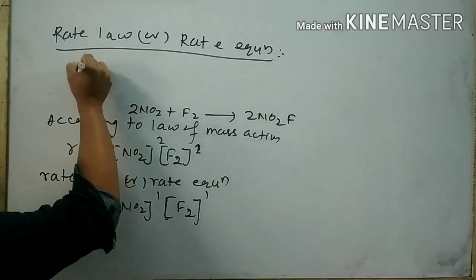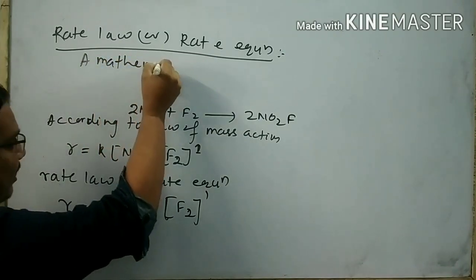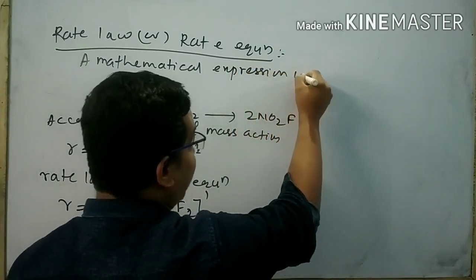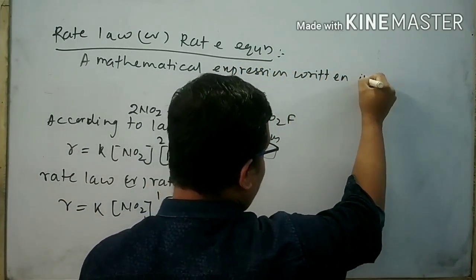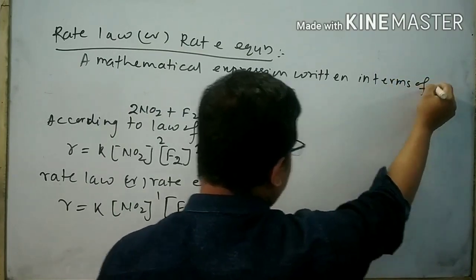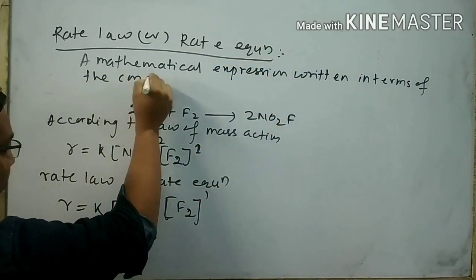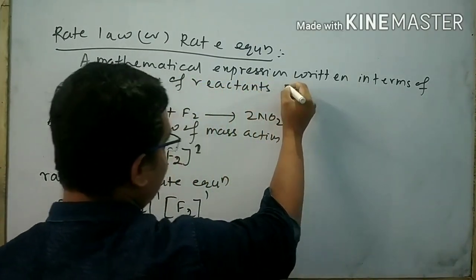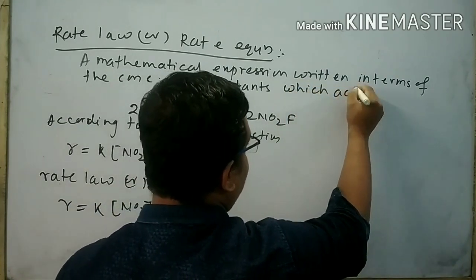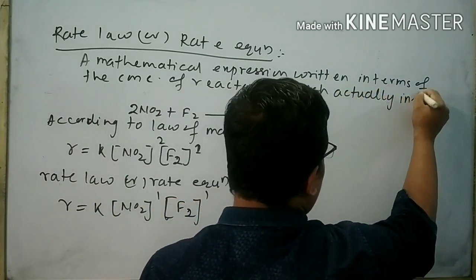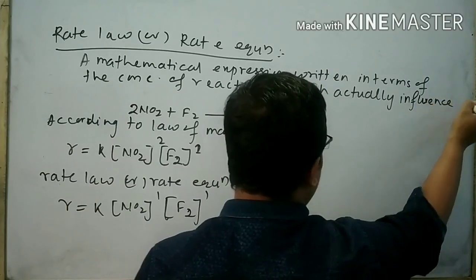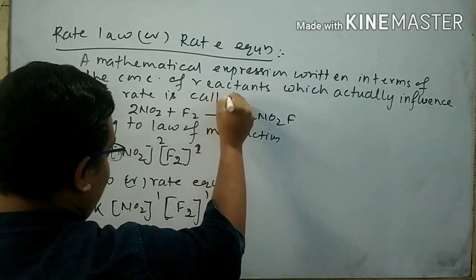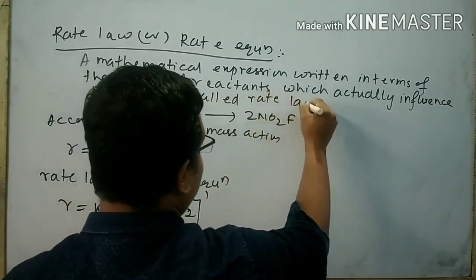So we can write, a mathematical expression written in terms of the concentration of reactants which actually influence the rate is called rate law.